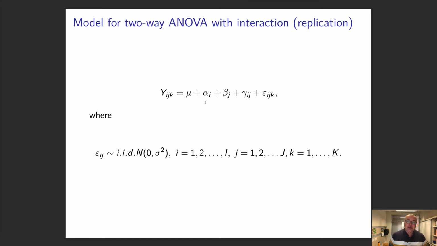So i is the level of the first predictor, j is the level of the second predictor, and now I've got this interaction term, which I've denoted by gamma_ij. But I've got extra replication, so I can now put a k in here, which is the observation within that cell, that treatment level or set of predictors.